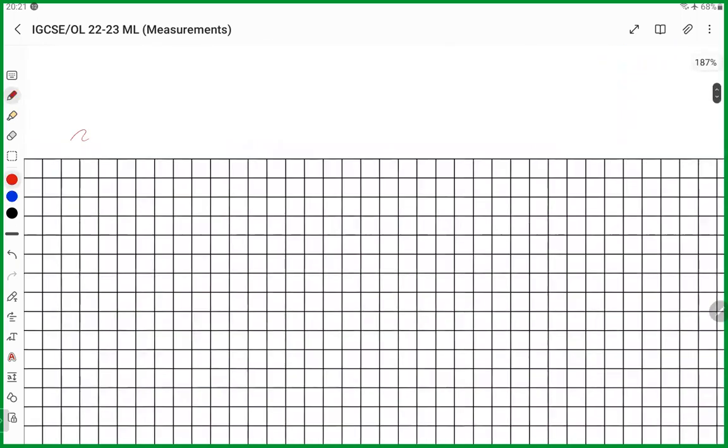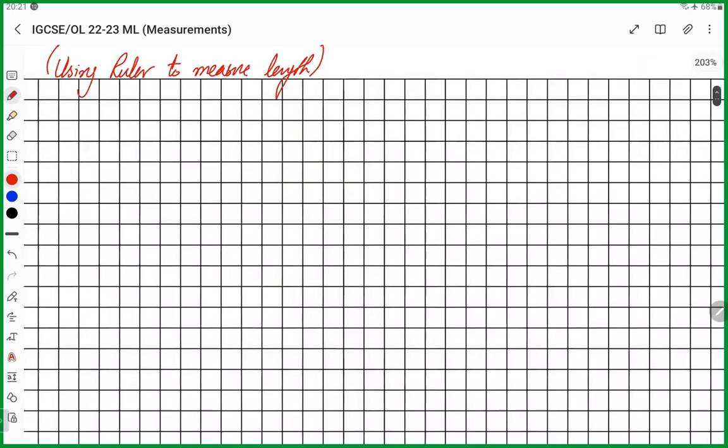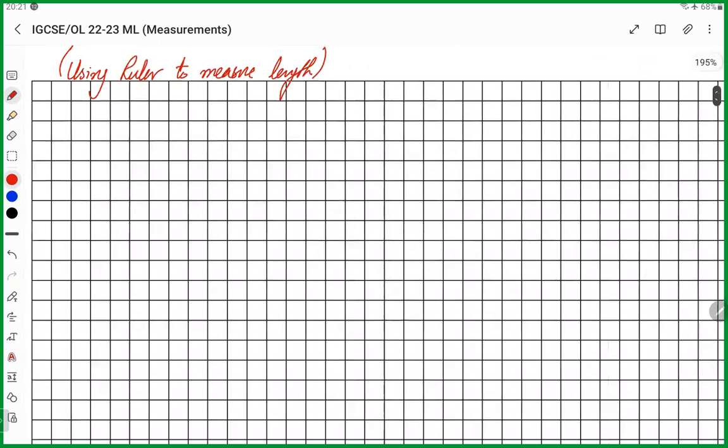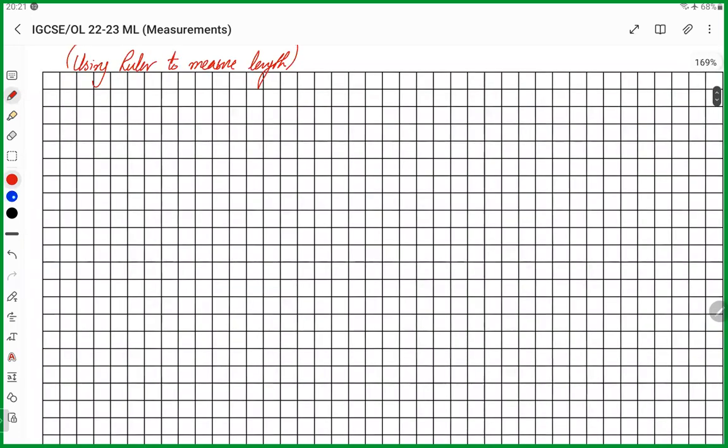Now, using a ruler to measure length, and different kinds of problems that we can encounter while we are measuring length using a ruler.